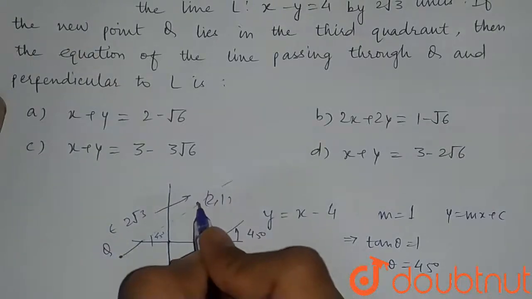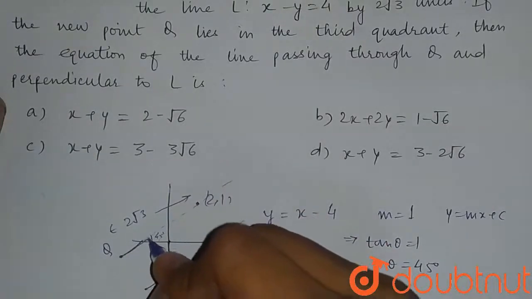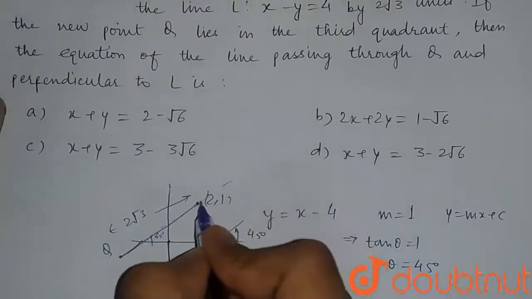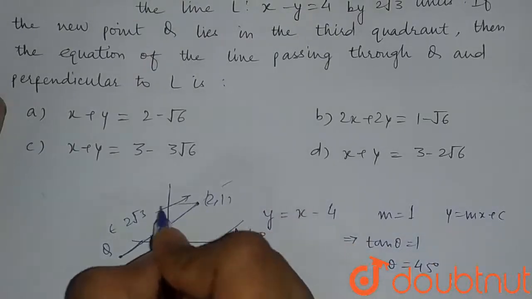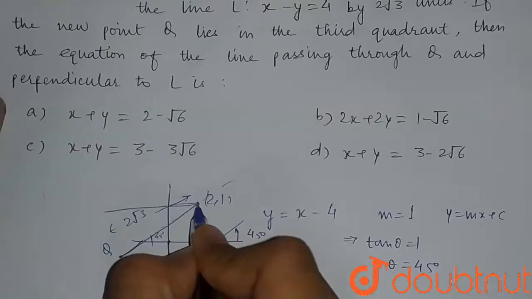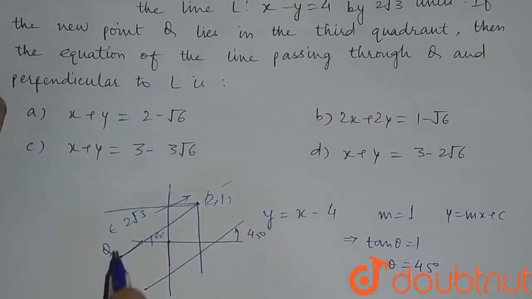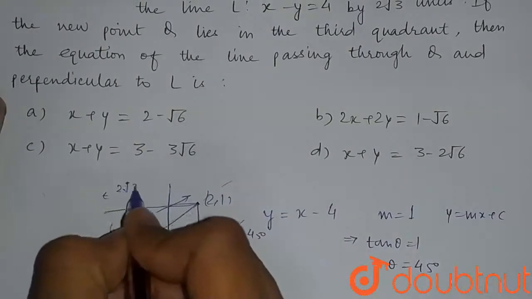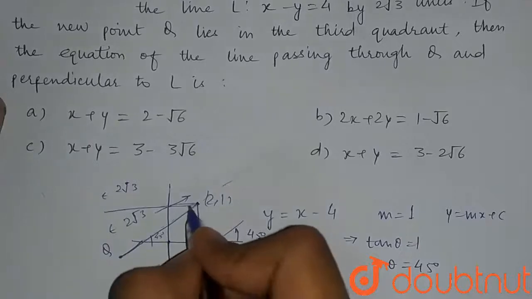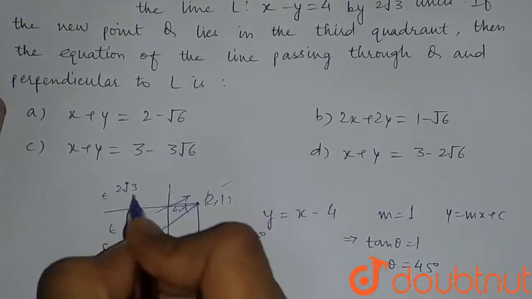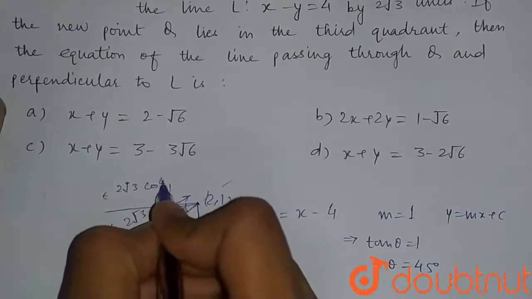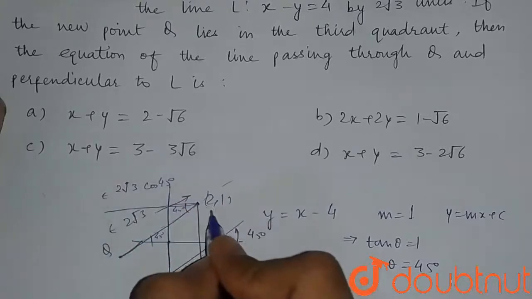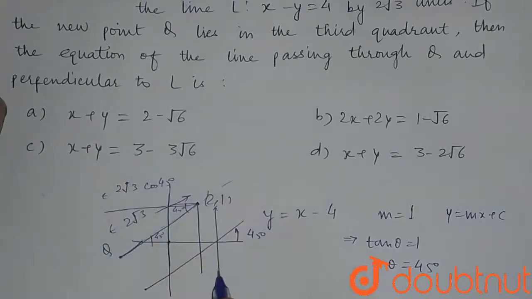Now if we draw the triangle, we will be finding the x component and y component of this. So this line would be 2 root 3, this angle is 45 degrees, so this will be 2 root 3 cos 45, and this line would be 2 root 3 sin 45.